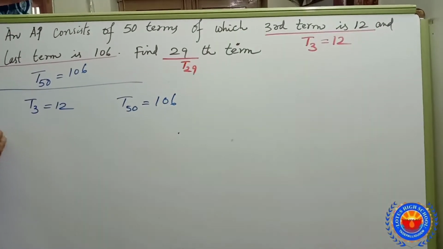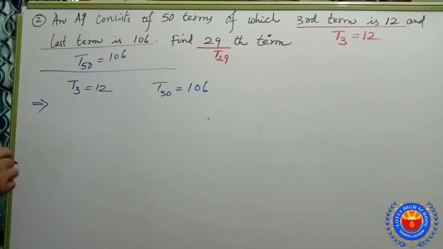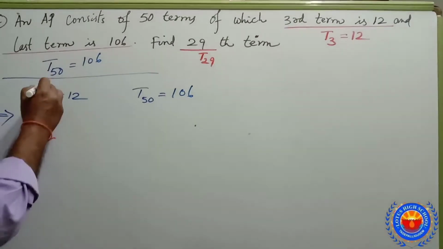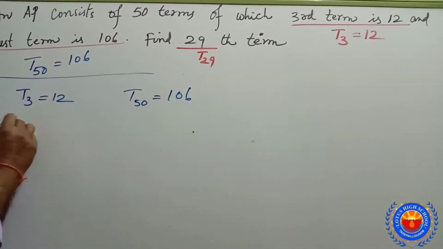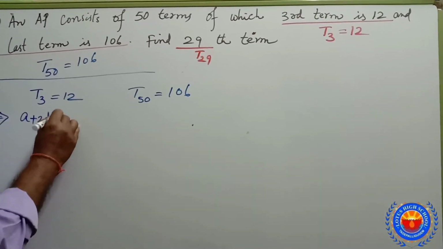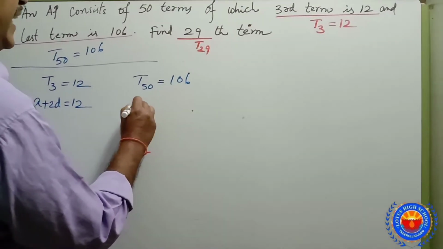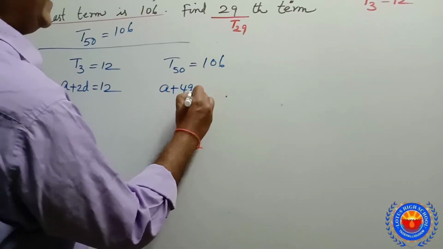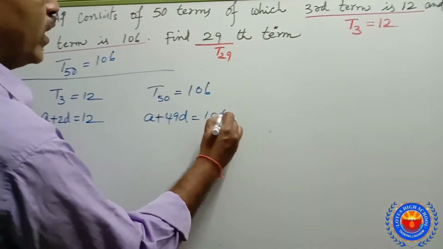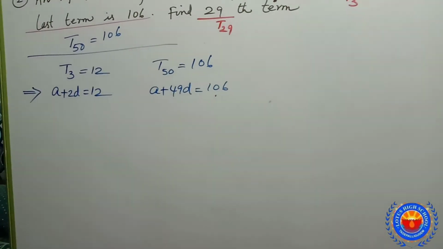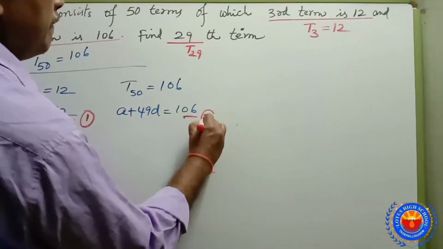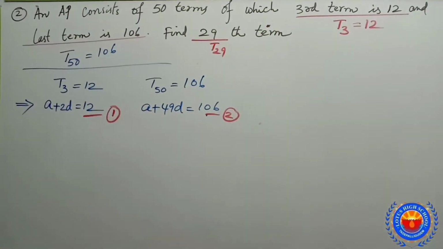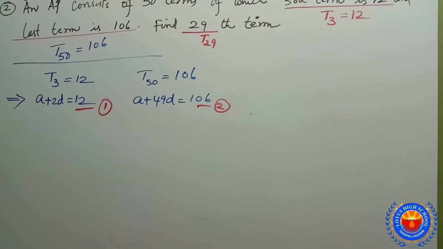So again, by using the general form, the third term means a plus 2d is equal to 12. Here a plus 49d is equal to 106. This is equation 1, this is equation 2. A pair of linear equations in two variables. The variables are a and d.